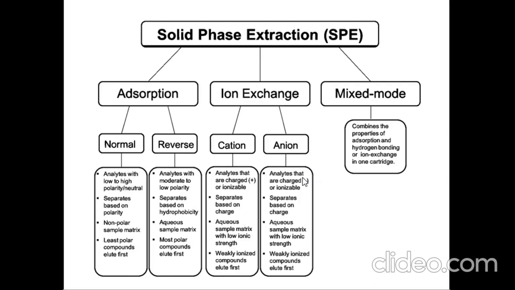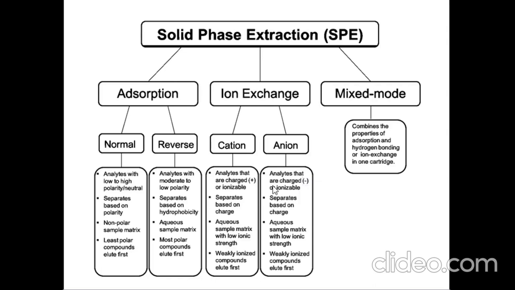And in adsorption mode, you have normal phase and reverse phase. And in ion exchange mode, you have cation exchange phase and anion exchange phase. And of course, the third one is the mixed mode, which combines the properties of adsorption and hydrogen bonding or ion exchange in one single cartridge itself.